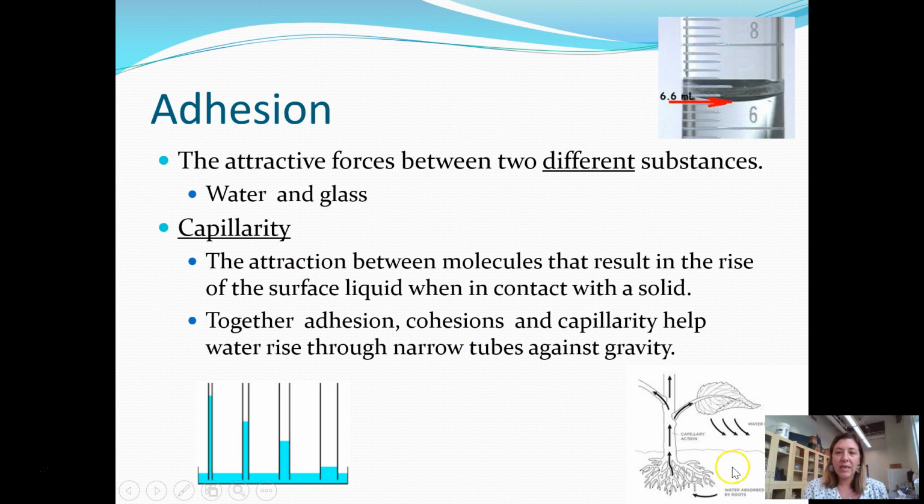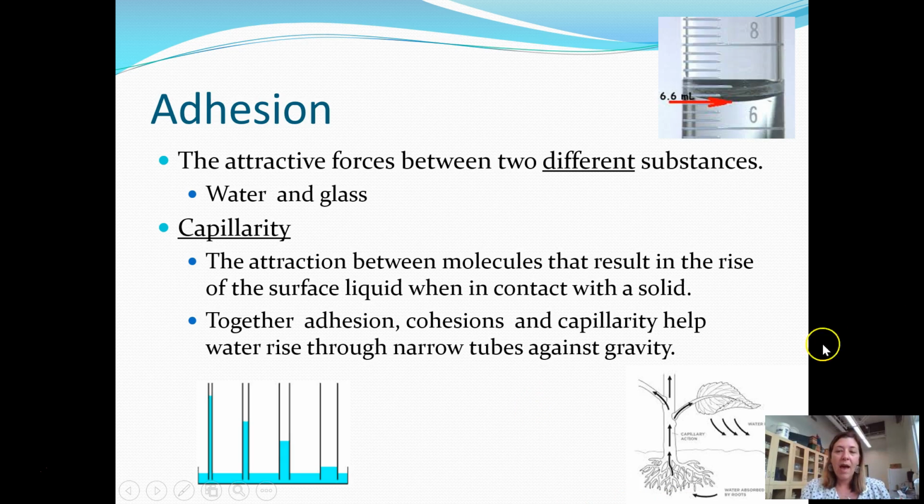You can see here we have a little picture of a plant with its leaves and the roots underground. It turns out that cohesive and adhesive forces are really important for transporting water from roots of plants to their leaves.